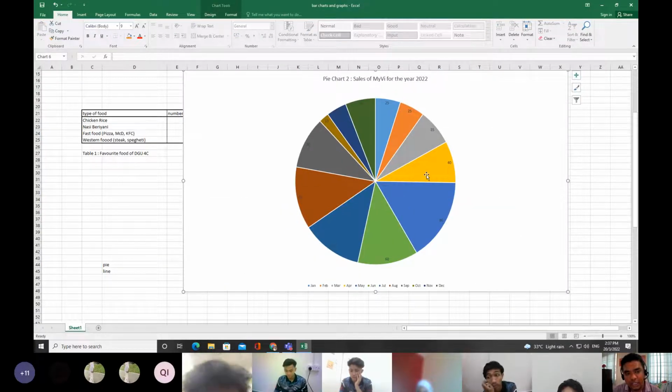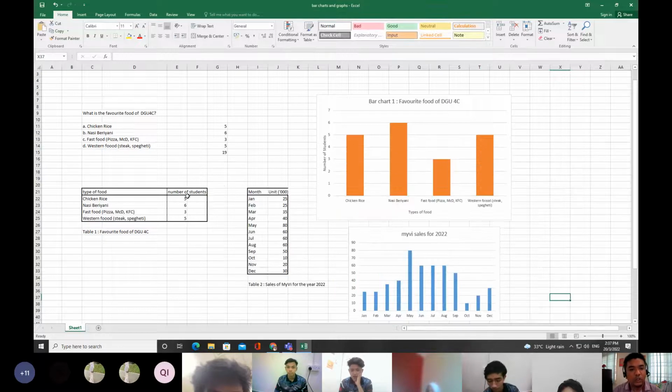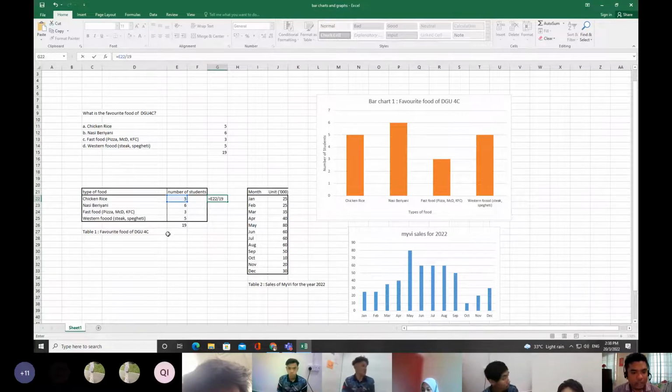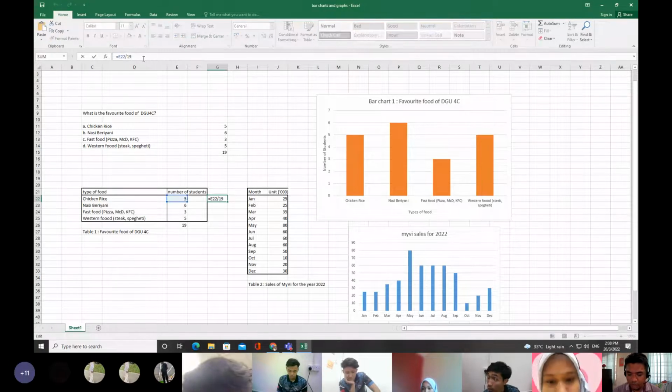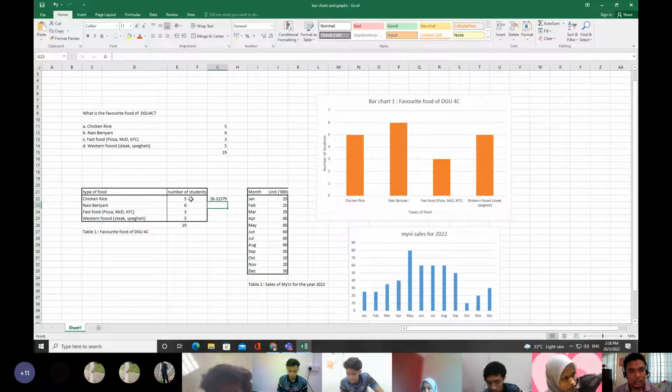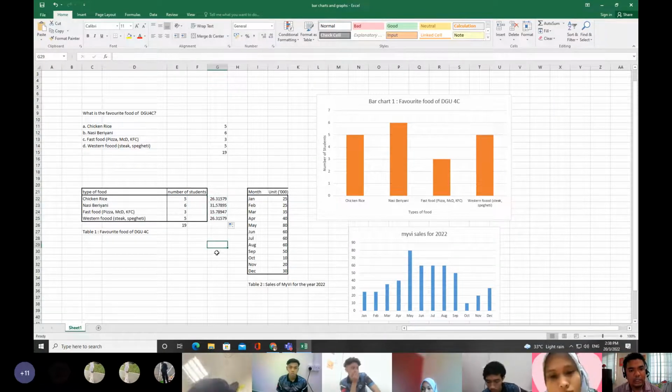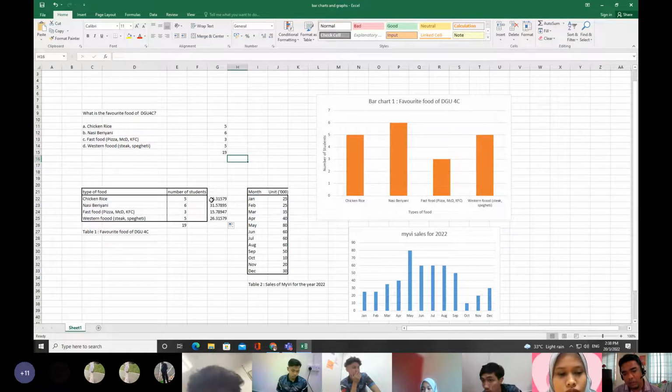So here what you should have done is convert this data into percentage. For example, let me total this up. The total is 19. So 5 divided by 19, times 100. How many percent is it? 0.26, so times 100, it's 26%. Sorry. Okay. So you should change it into percentage form. When you change it to pie chart form, you see the percentage.